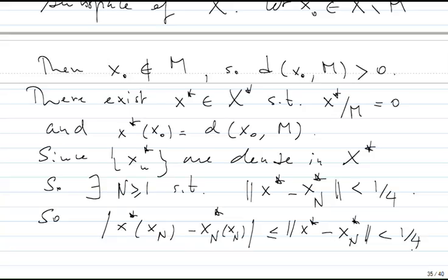But x star reduced to m is equal to 0, and therefore x star of xn is equal to 0. So the absolute value of xn star of xn is less than 1/4.